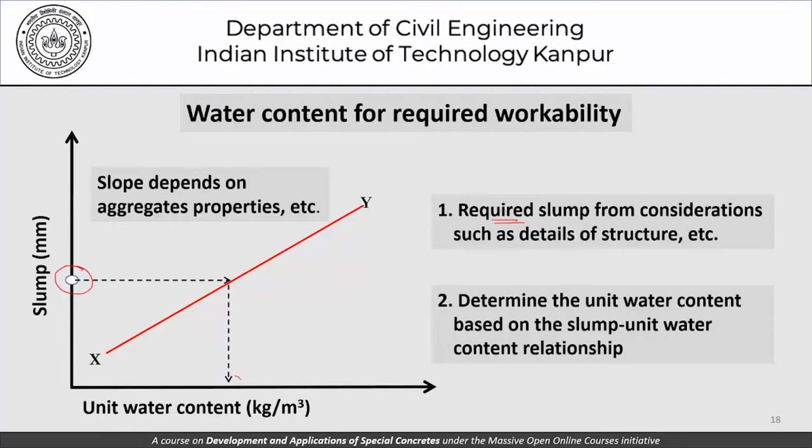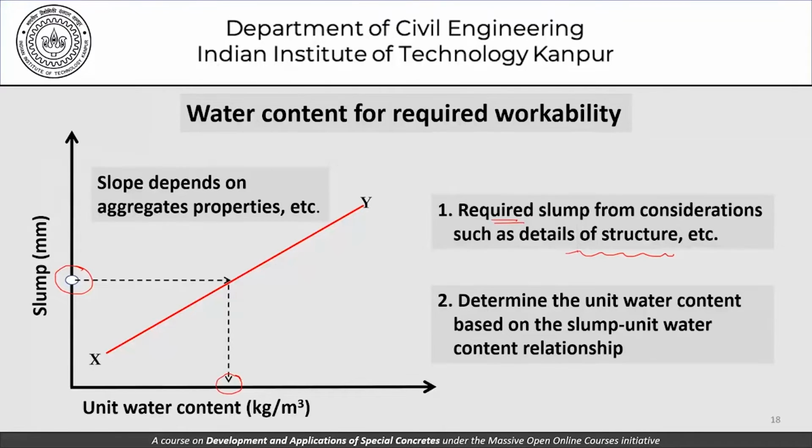So as far as the slump is concerned and its dependence on the structure, certain structures such as slabs, concrete is easy to place, and therefore we may say that the concrete need not be very workable. We can make do with a smaller slump. But if the structure is such that the concrete has to be placed in congested reinforcement, then we might need a higher slump.